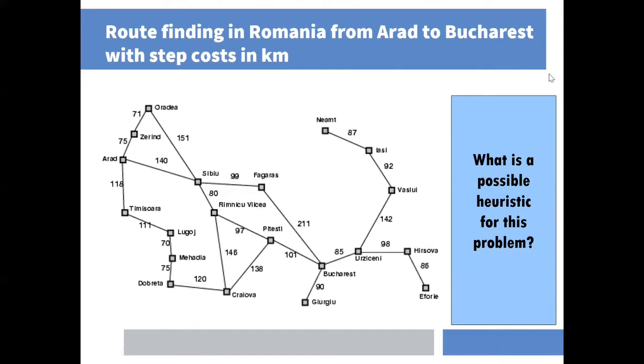So let's go back to this route finding problem in Romania from Arad to Bucharest. The step costs indicated here are values in kilometers. You've seen this map in the previous lesson when we discussed uninformed search, or blind search.